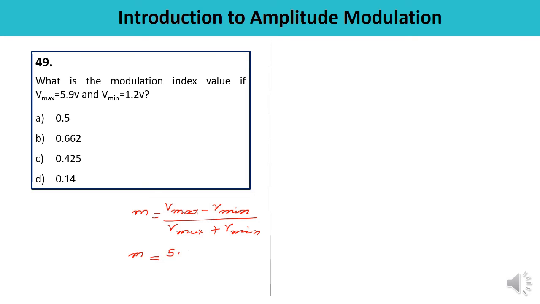V maximum as 5.9, V minimum as 1.2. So the terms will be 5.9 minus 1.2 upon 5.9 plus 1.2. Simplify it, you will be getting 0.662. It means the value of M, that is the correct answer, B. Correct one.